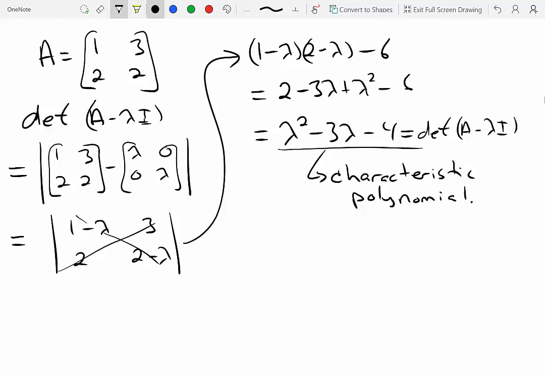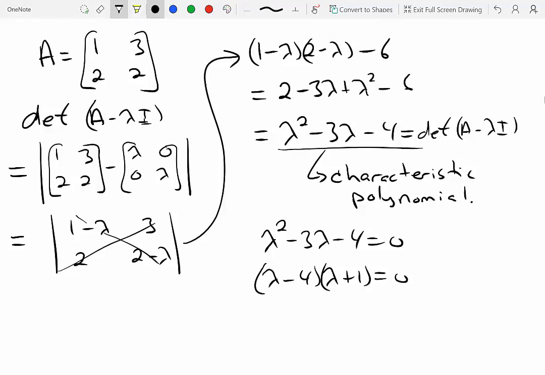Now, the eigenvalues are the roots of the characteristic polynomial. So what I really care about is, when is lambda squared minus 3 lambda minus 4 equal to 0? And in this example, it conveniently factors, so that would be lambda minus 4 and lambda plus 1 is equal to 0.